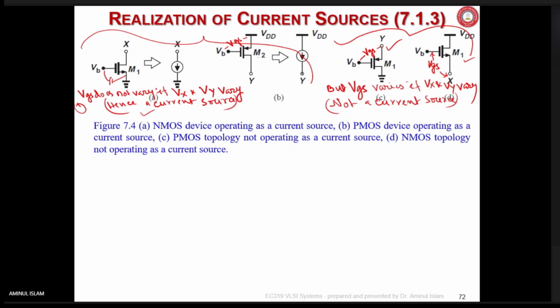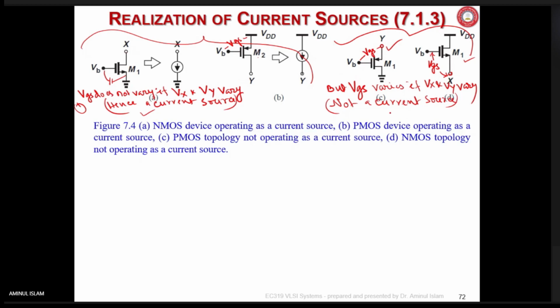VGS, the gate to source voltage, doesn't vary if Vx or Vy varies, so VGS remains the same. So the current passing through these is constant. But in this case, VGS varies if Vx and Vy vary. If this voltage is varying or this voltage is varying, then VGS is going to vary.